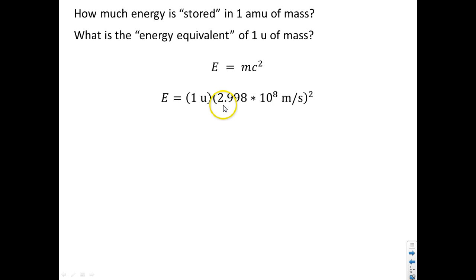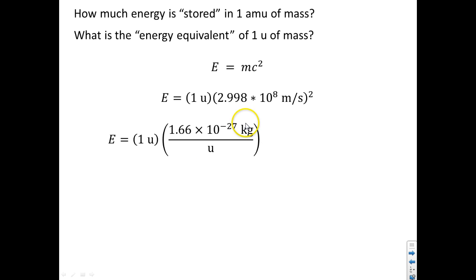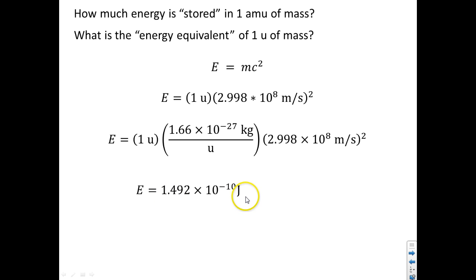The speed of light, we can use a pretty precise value, 2.998 times 10 to the 8 meters per second, and we square it. Now this atomic mass unit, we need to convert to kilograms first, so we use a conversion factor, and we have our speed of light. And when we calculate this out, we get 1.492 times 10 to the negative 10 joules.